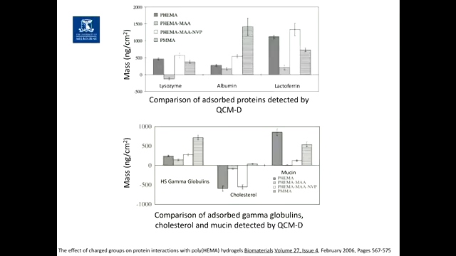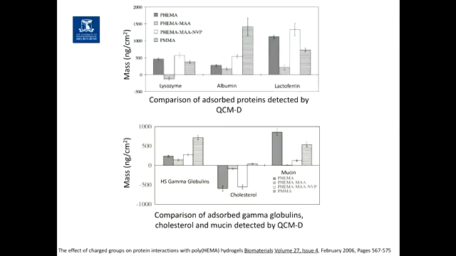If you're interested in protein interactions, you're not really interested in milligrams absorbing onto the surface. Nanograms can have a very big biological effect. So this is a piece of equipment that can measure protein onto a surface on a nanogram scale.